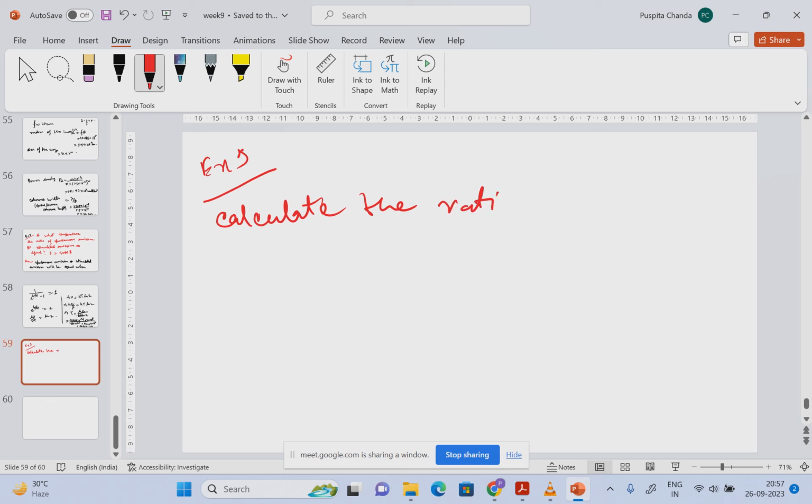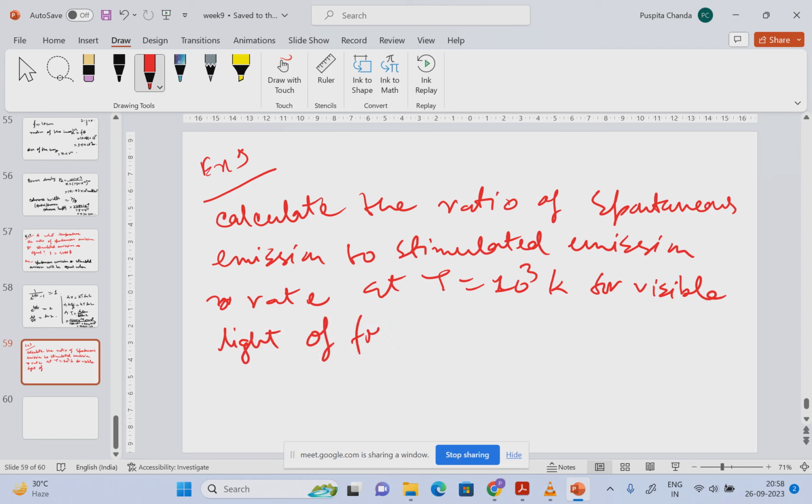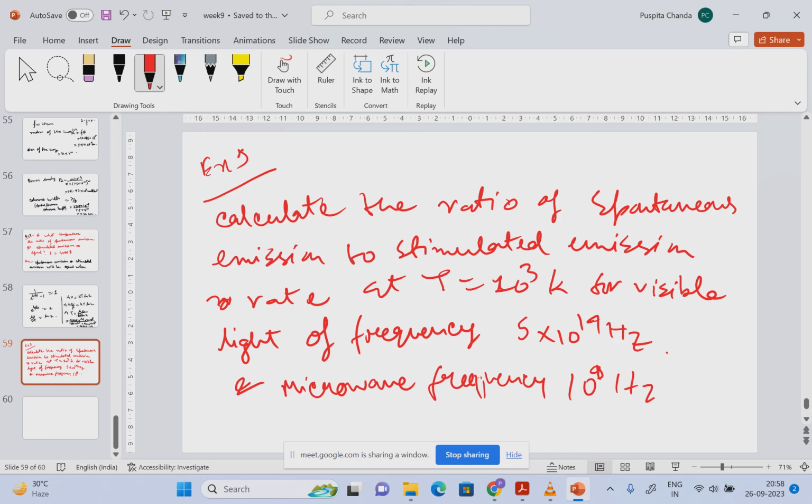Calculate the ratio of spontaneous emission to stimulated emission rate at T equal to 10 to the power 3 Kelvin for visible light of frequency 5 into 10 to the power 14 hertz and microwave with frequency 10 to the power 9 hertz.